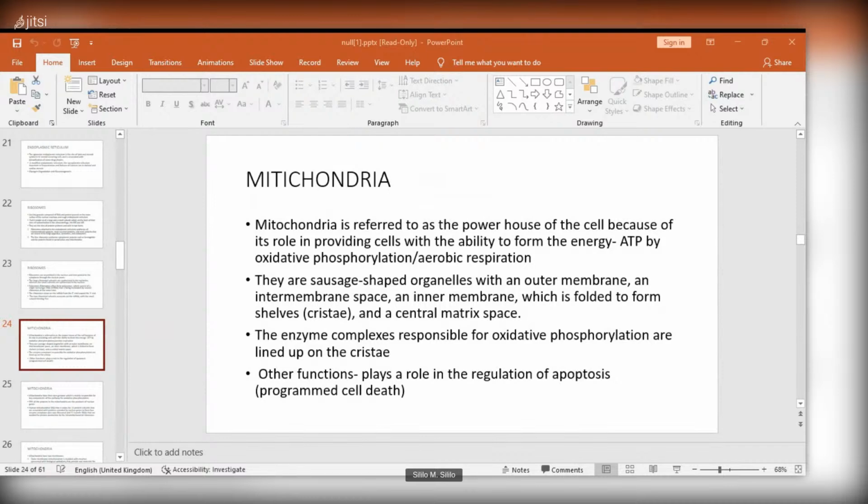And one of the organelles, not organisms, the organelle that is responsible for programmed cell death or apoptosis is your mitochondria. But the first function you should think about is what? Oxidative phosphorylation or energy production. Okay, second one. Next slide.